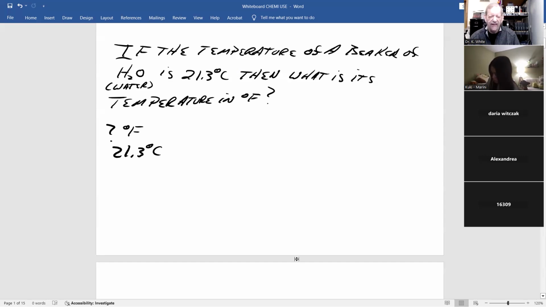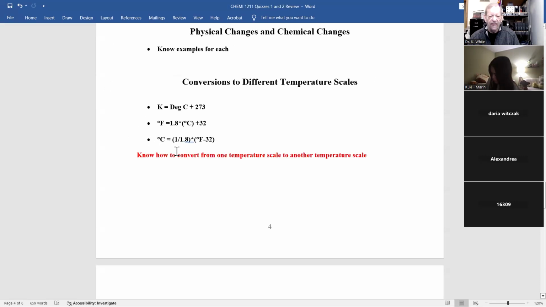And if you look at the review, degrees F equals 1.8 times degrees C plus 32. And you have to memorize this. Remember, I showed you in a previous video, write these down and say them 5 times, and that will help you memorize them. It's better than flashcards.